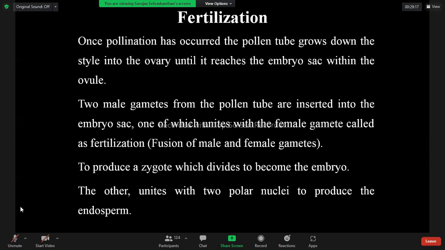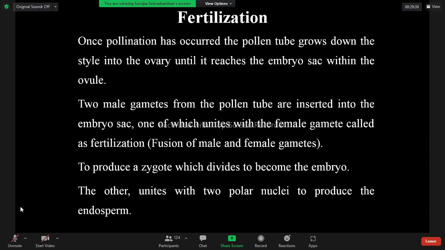It grows down in the style towards the ovary, right? In the ovary there are ovules, and it reaches the embryo sac within the ovule.